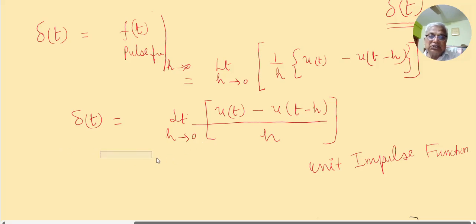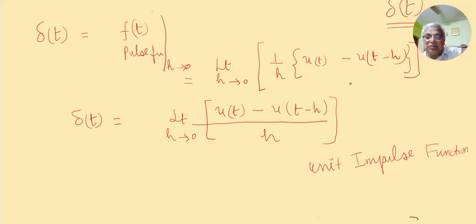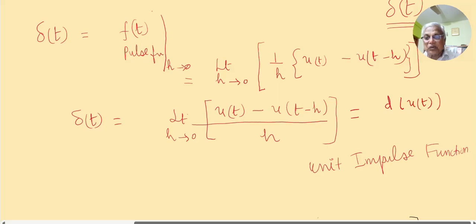If you look at this equation, the right hand side is, by the definition of derivatives, the first derivative.